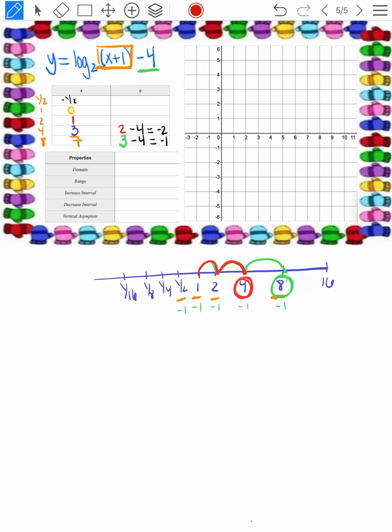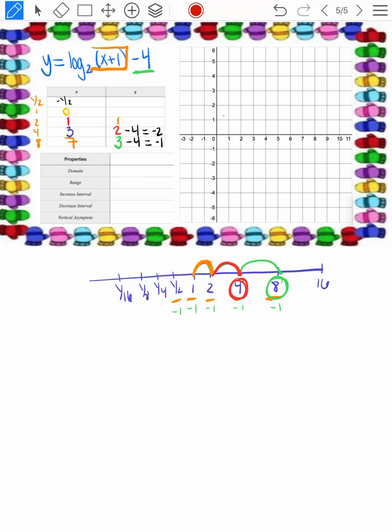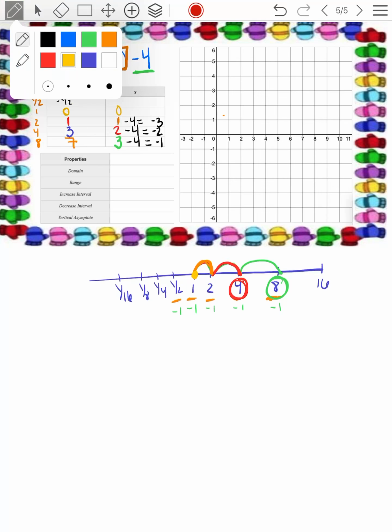Then next, I'm putting in 1 for x. 1 plus 1 is going to get me to 2. So that's going to take me 1 jump to get to 2. And then I'm subtracting 4, which is going to get me to -3. When I put 0 in for x, 0 plus 1 is going to get me to 1. I don't have to take any jumps.